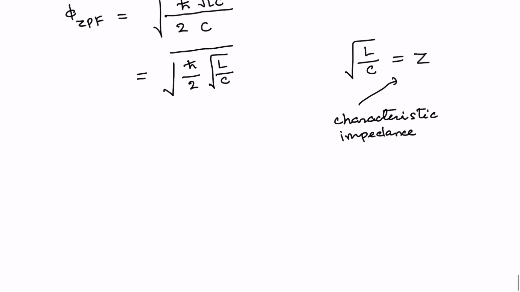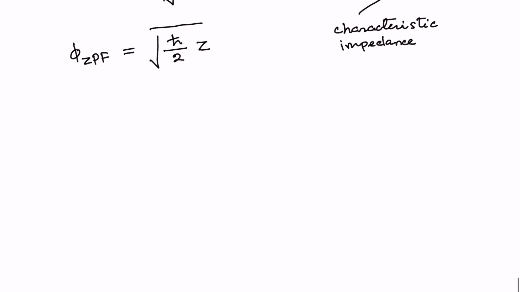Therefore, in terms of the characteristic impedance, phi ZPF is equal to h cross by 2 into the characteristic impedance, and then I have to take the square root. So this is the zero-point fluctuation of the magnetic flux.